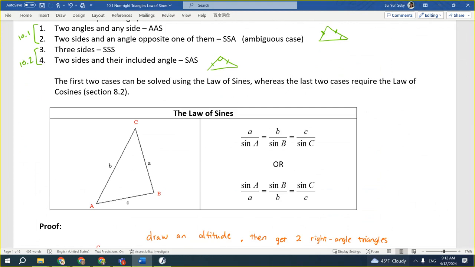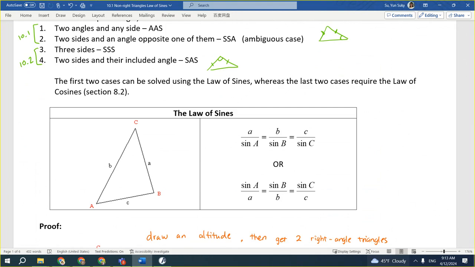This ratio is the same. So you have a over sine A equals b over sine B equals c over sine C. It only has the sine function, and the ratio of the side to the sine of the corresponding angle is the same.